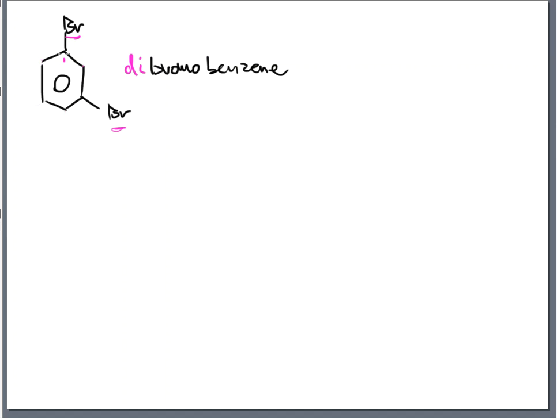I want to start here at the top, in my case, number 1, and number 2 is there and number 3 is there. So at spot number 1 and at spot number 3, I'm going to have 2 bromo groups on the benzene ring. So 1,3-dibromobenzene. All right? So that's how we would name that group.